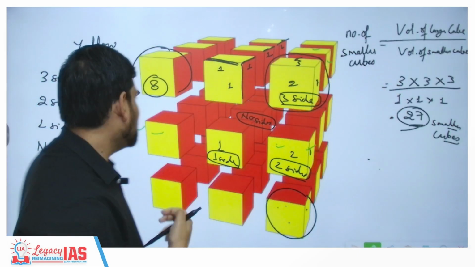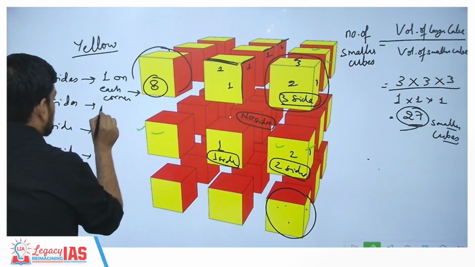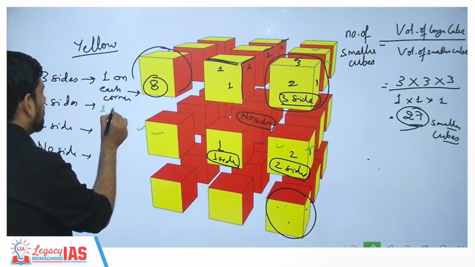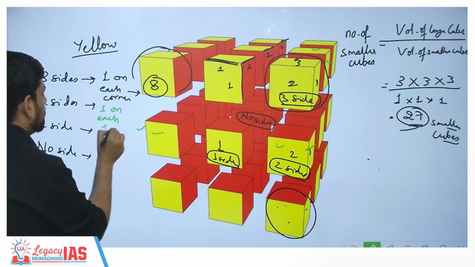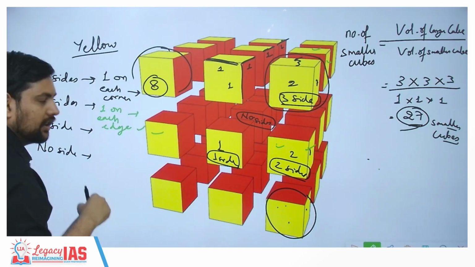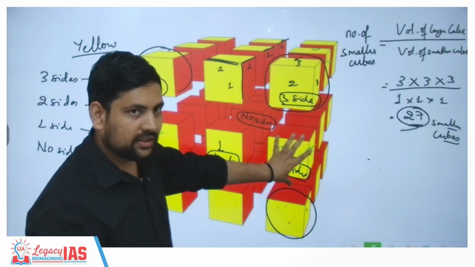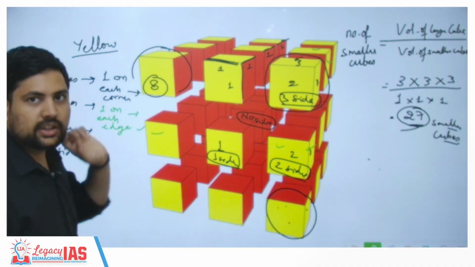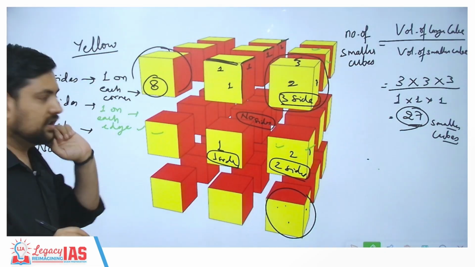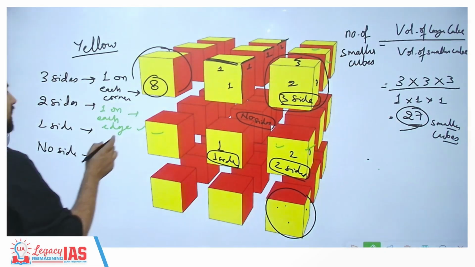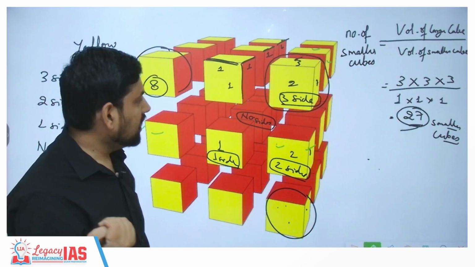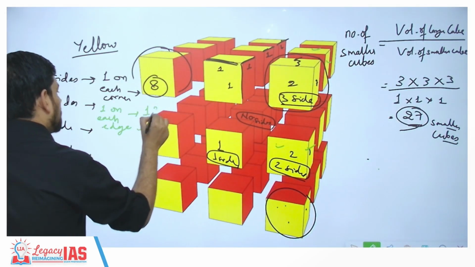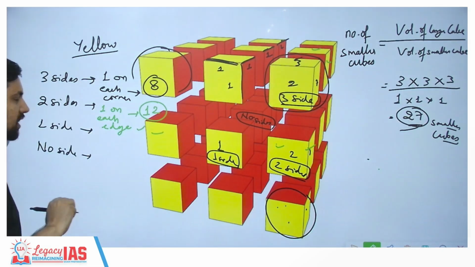The pattern is actually one on each edge. Correct. On this edge, this one. On this edge, this one. On this edge, this one. So one on each edge. So from this, how many edges do you have here? You had 12 edges. So you have 12 such cubes which are colored on two sides.